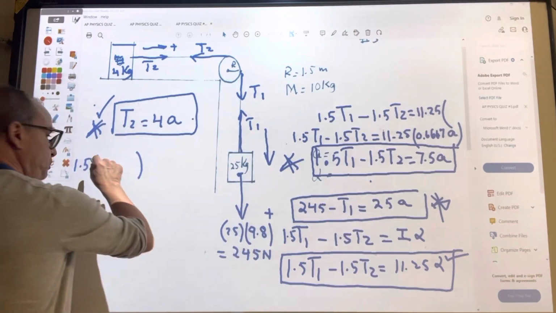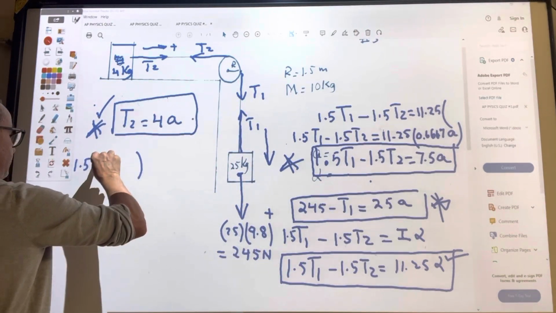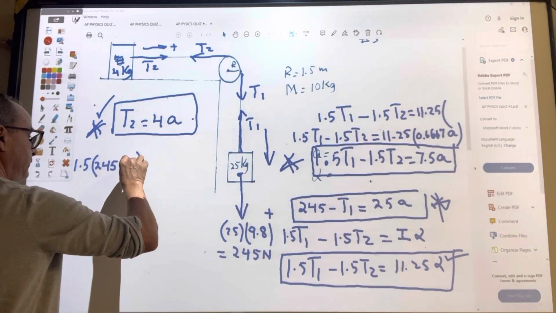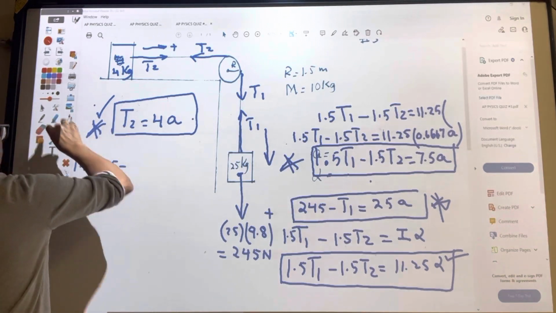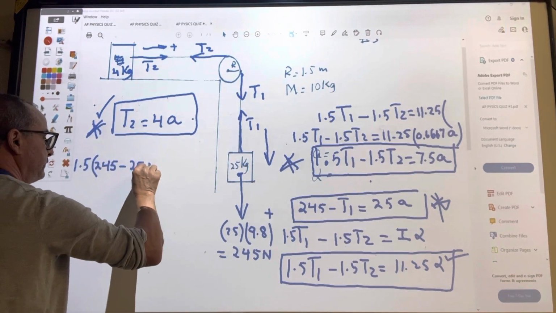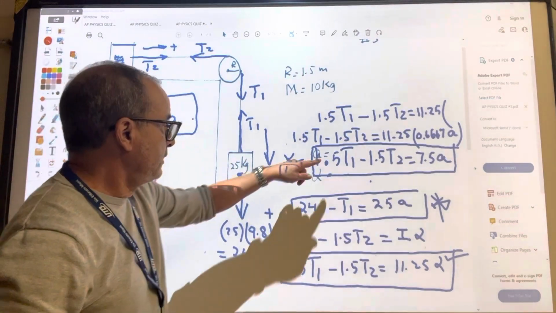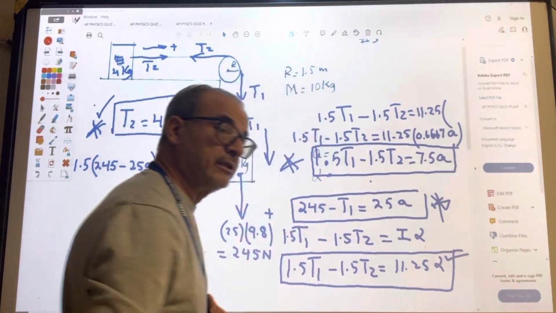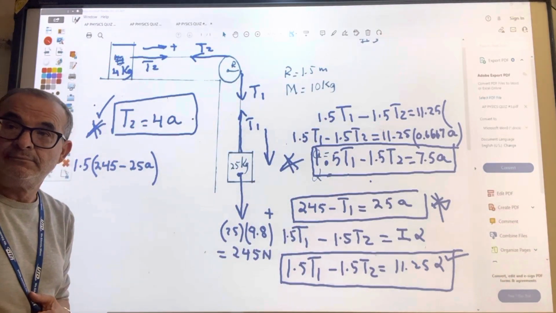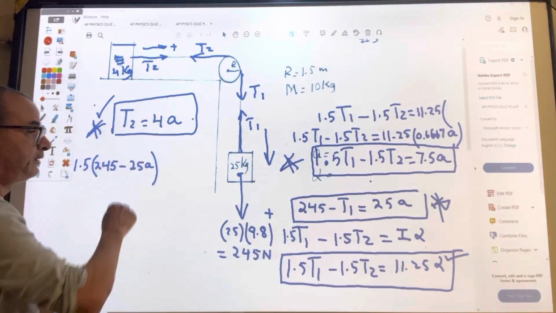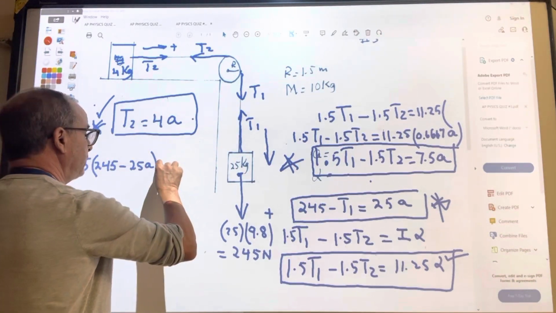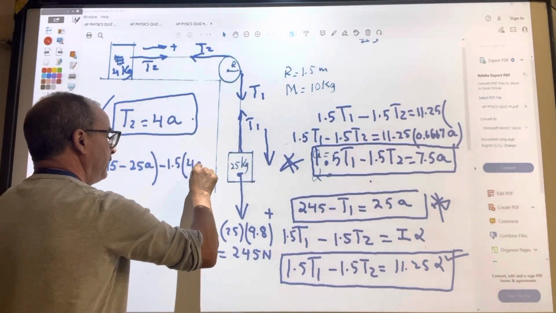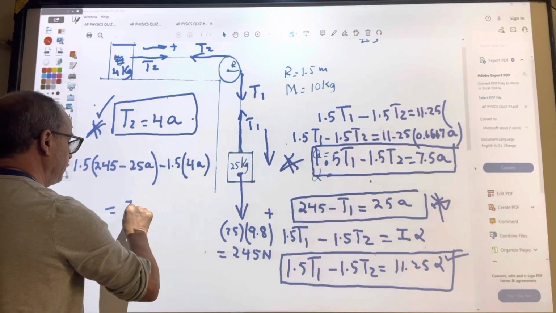So you're going to have 245 minus 25A. All right, so that is the 1.5 T1. Now, minus 1.5 T2, and where do you get the T2 from? From 4A. So minus 1.5 times 4A. And then the whole thing equals 7.5A.